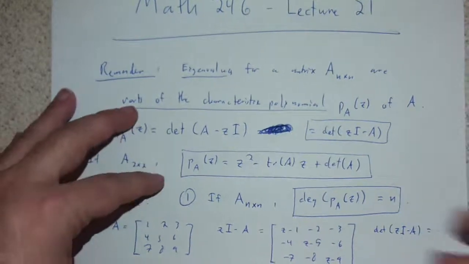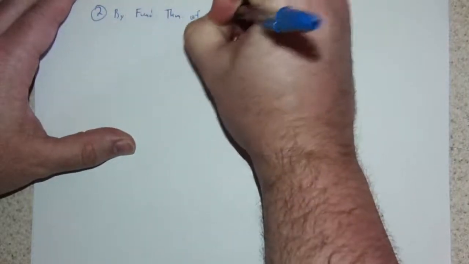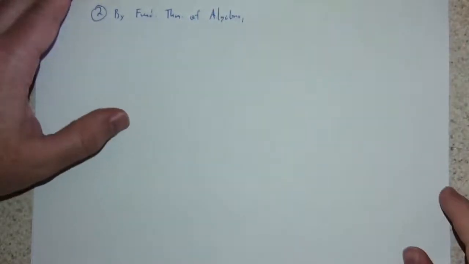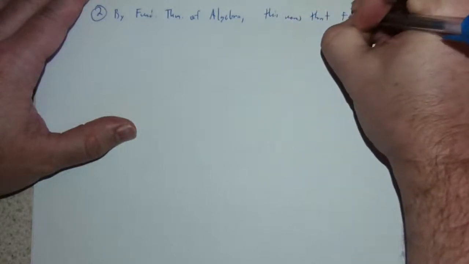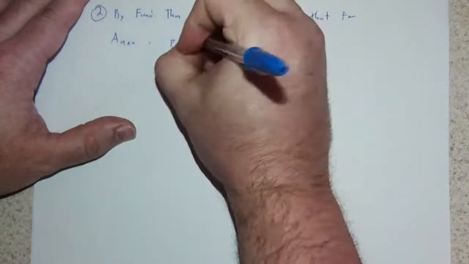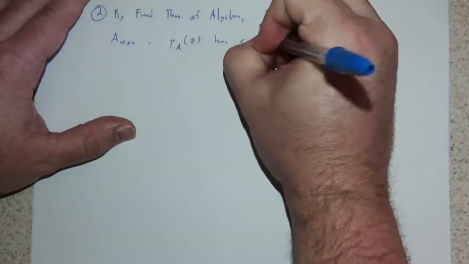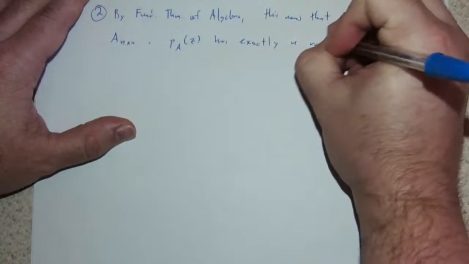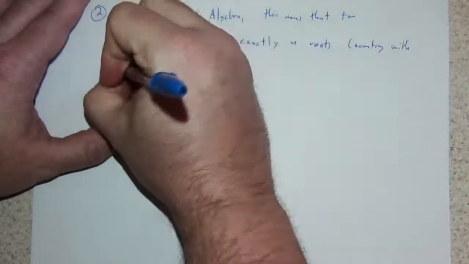So another way of saying this then is by the fundamental theorem of algebra, this means that for an n by n matrix A, the characteristic polynomial of A has exactly n roots, counting with multiplicity, as usual.